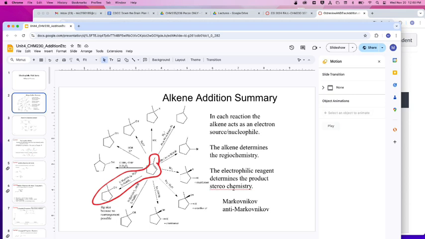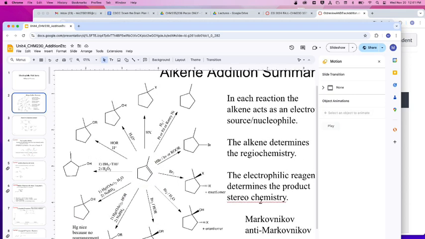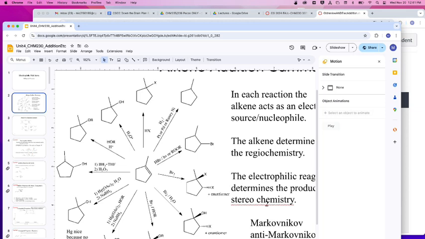All right, so what does this reaction do? What's the change from reactant to product? Lose pi bond. Say it again.